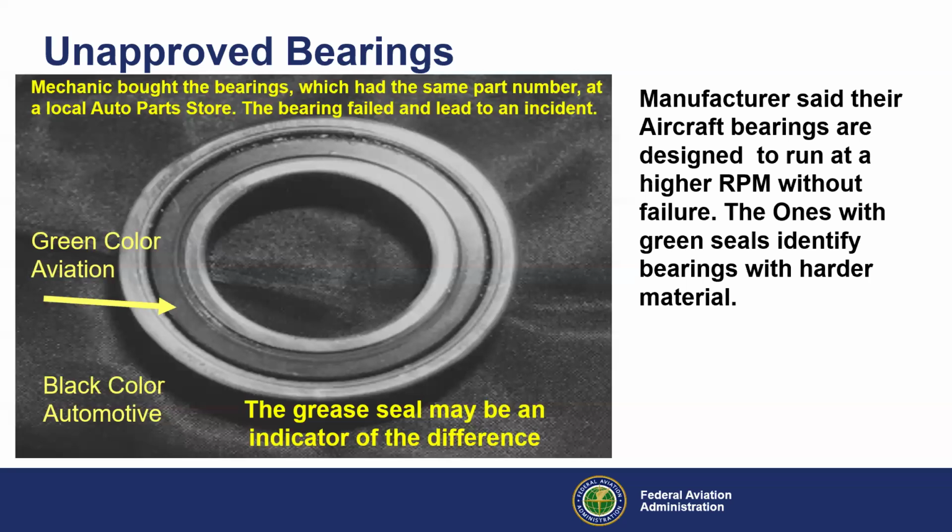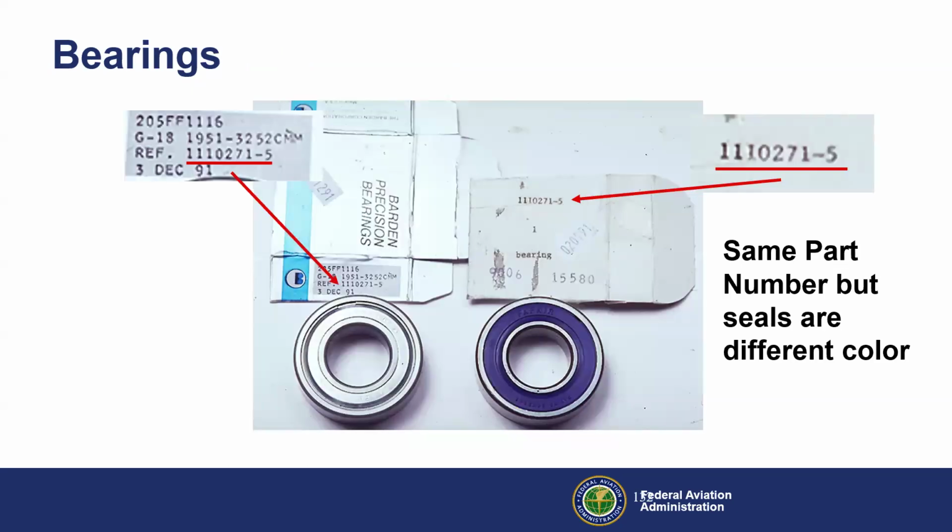The manufacturer said their aircraft bearings are designed to run at a higher RPM without failure, and the way they identified them was to use the green seals on the bearings with the harder material. Another example of bearings: same part number, but the color of the seal is different.